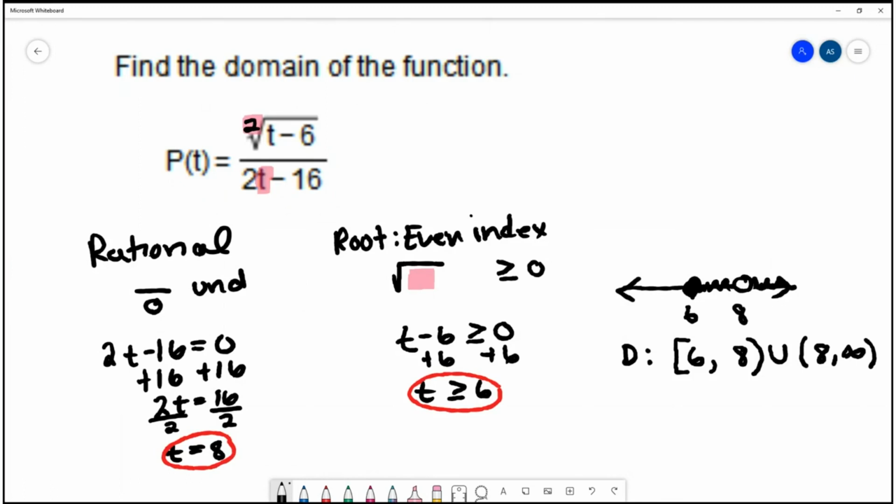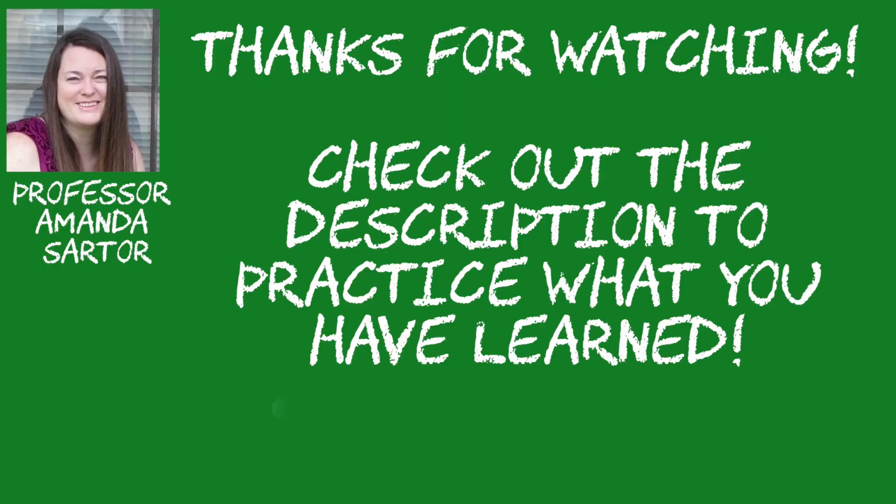So here we have our domain in interval notation. Another way to write this domain would be in set builder notation. Let's see that. You would say that x is in our domain, all x's, such that x is greater than or equal to 6, and x is not equal to 8.